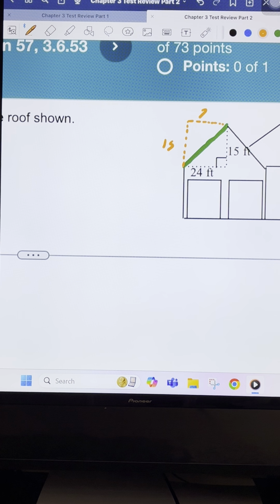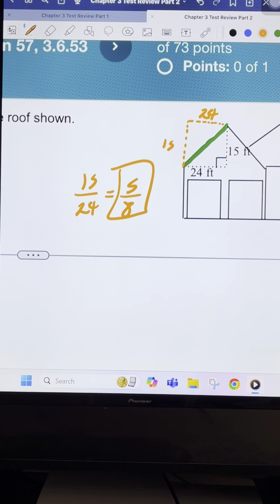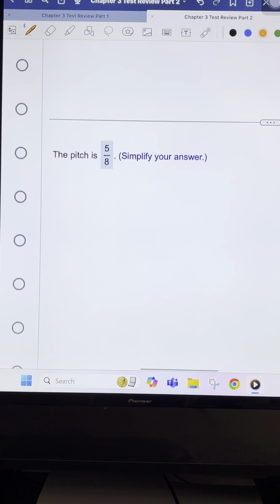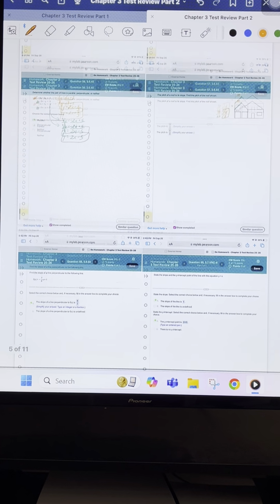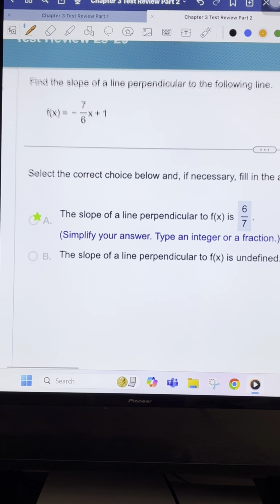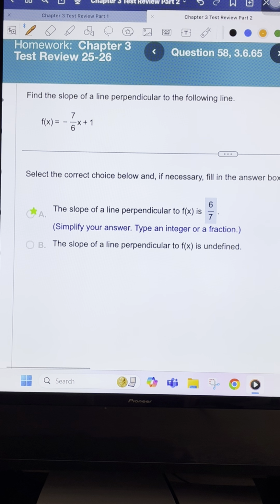So let me draw a little line. So from here all the way up was 15, and all the way to here is 24. So what is 15 over 24? The greatest common factor, I believe, is 3. So we can divide by 3, which will give me 5 over 8. So 5/8.